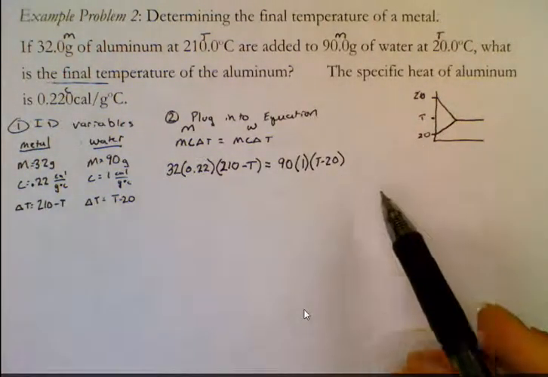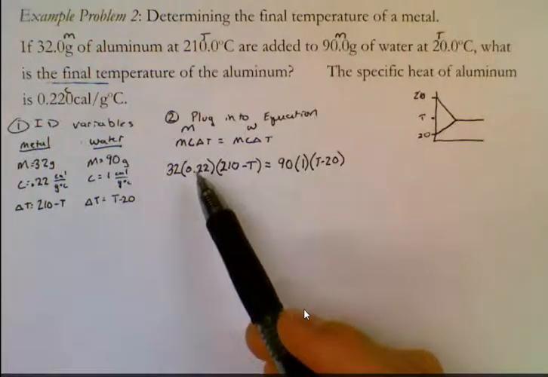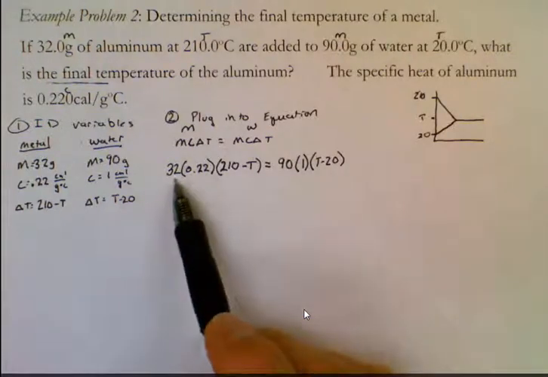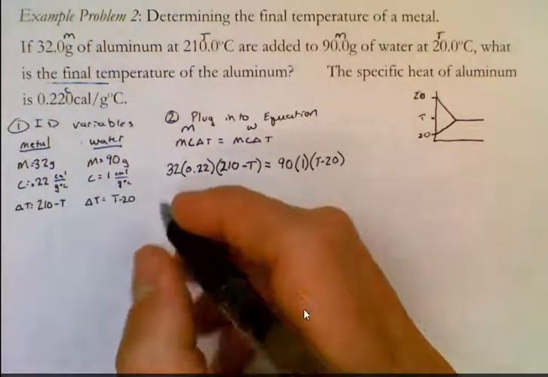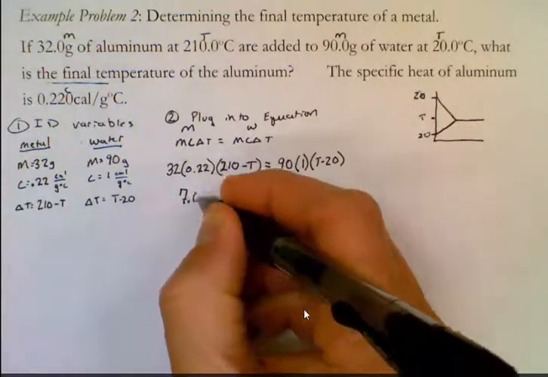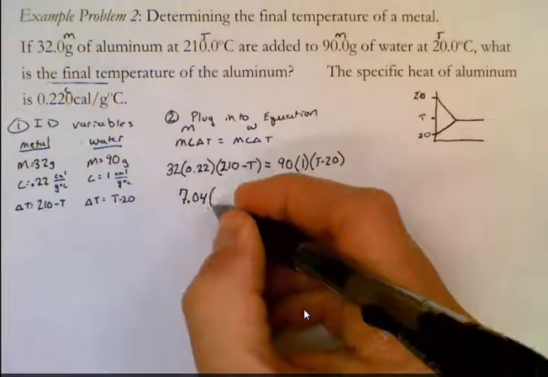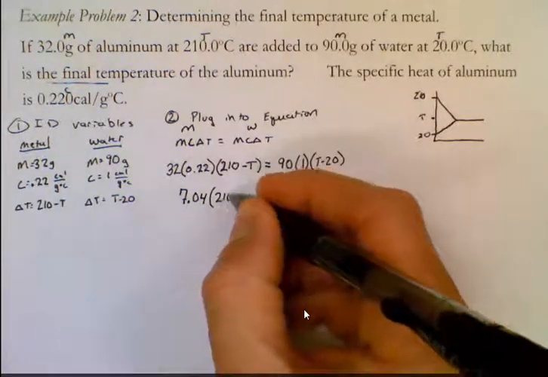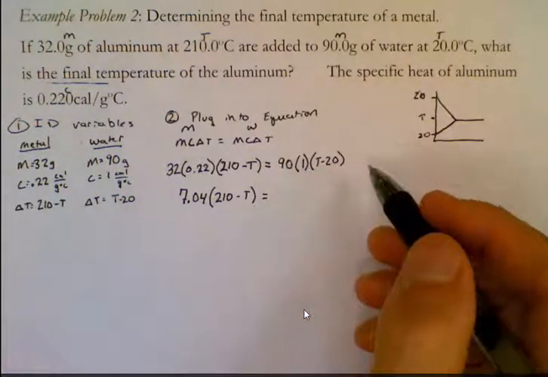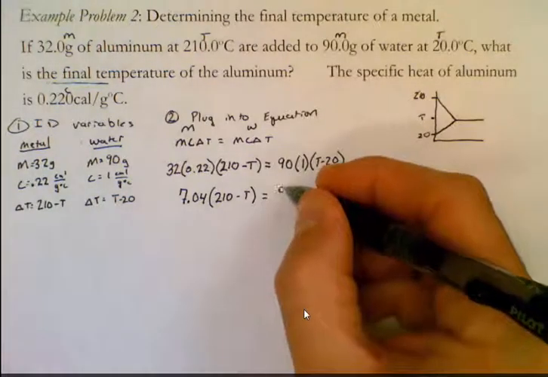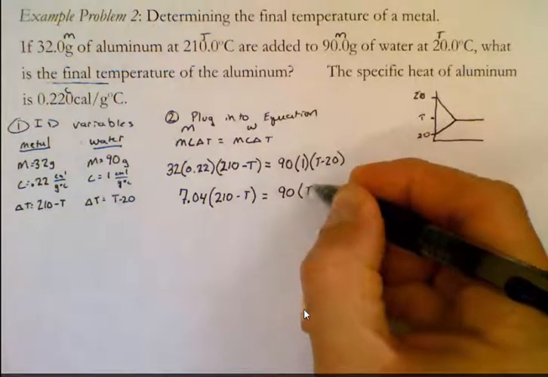To do that, we need to start by combining like terms. On the outside of the parenthesis, if we do 32 times 0.22, we're going to end up getting 7.04. And then that's going to be multiplied into the 210 minus T. On the outside of this parenthesis, we have 90 times 1, which gives us 90 times T minus 20.